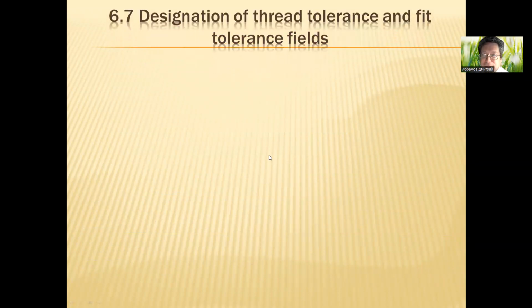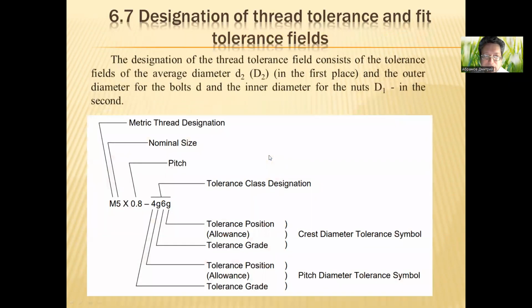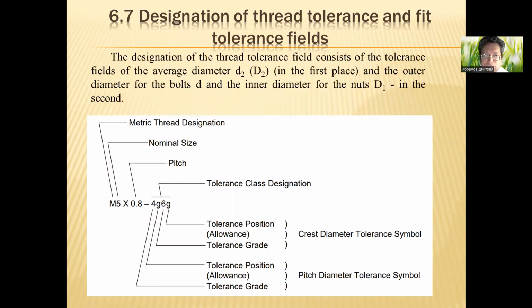Designation of thread tolerance and field tolerance. The designation of the thread tolerance field consists of the tolerance field of the average diameter, d suffix 2, in the first place, and the outer diameter for the bolts, small d, and the inner diameter for the nuts, big D suffix 1, in the second.